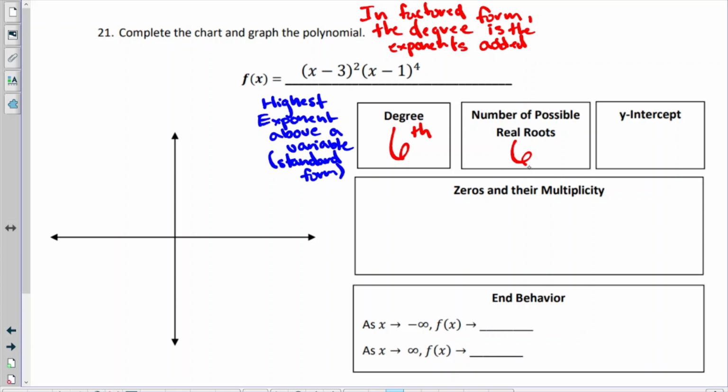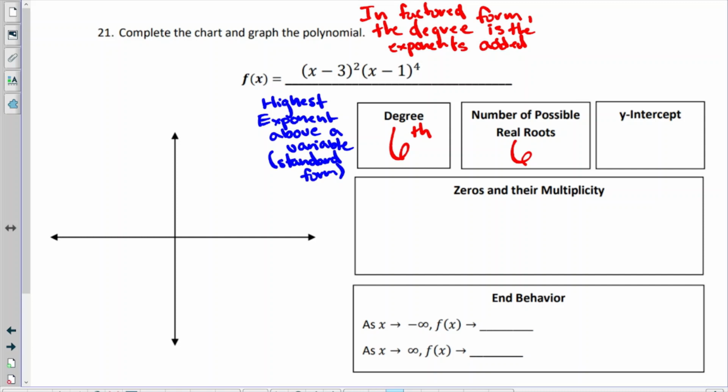In this case, we won't have that many, but the degree basically talks about how many possible zeros there would be. One theoretical way to write this would be x minus 7, 6 times, right? That would be an example of a 6th degree polynomial that has 6 roots, okay?